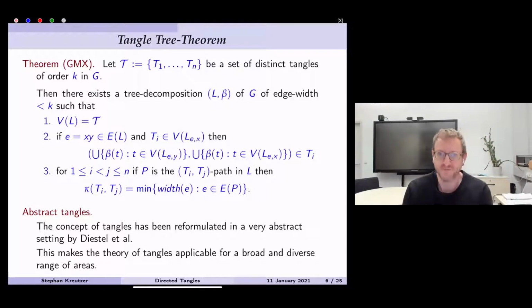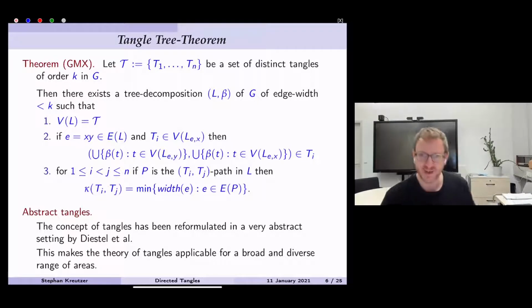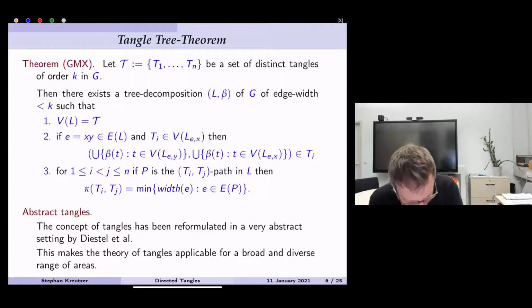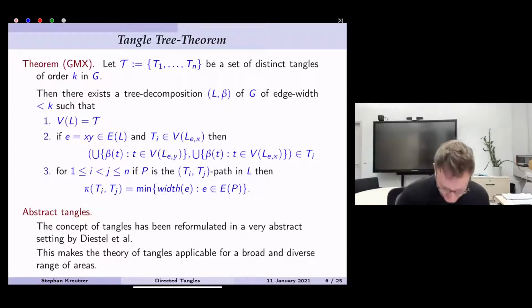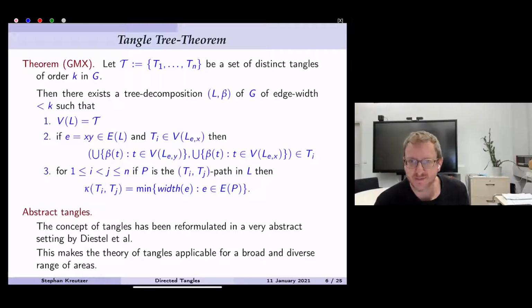I've been trying to get Reinhard Diestel to get this to work for directed graphs for quite a while and never really caught up. It seems it doesn't really work. The most generalized, latest versions of these papers are super abstract, and yet something doesn't work for directed graphs.